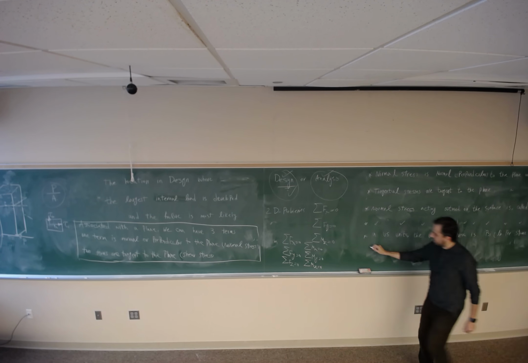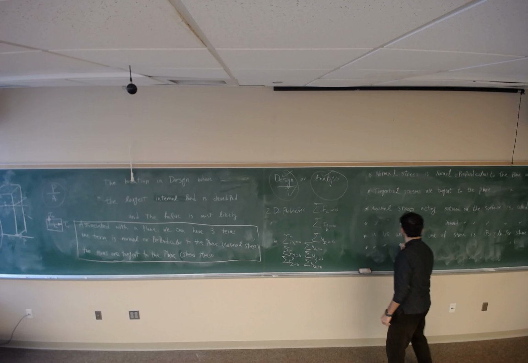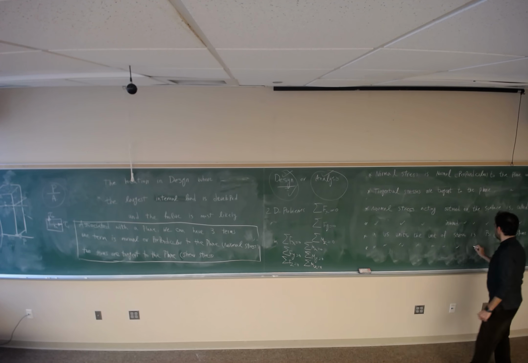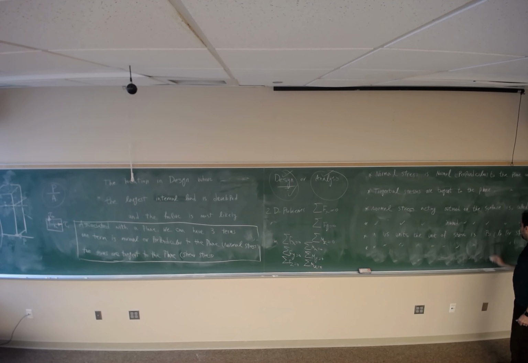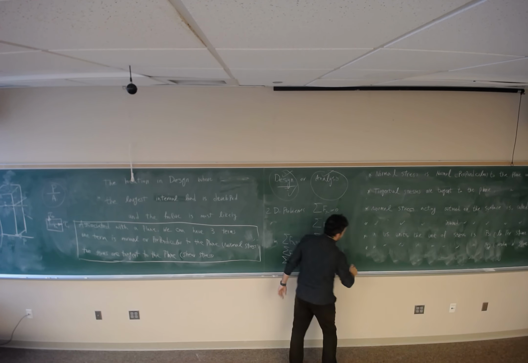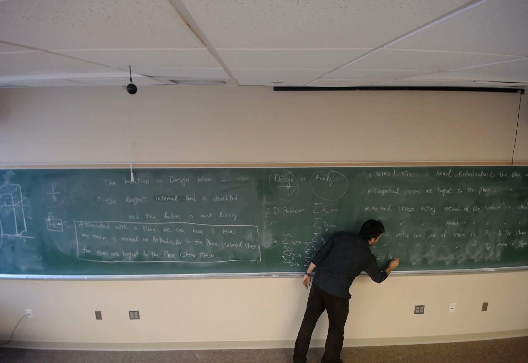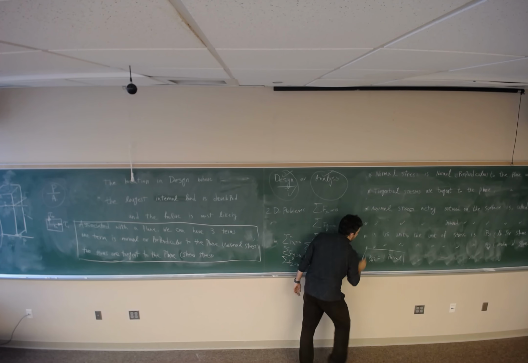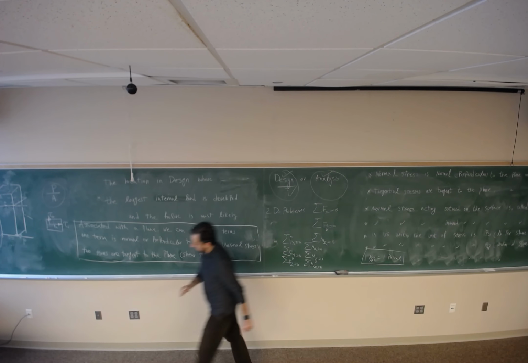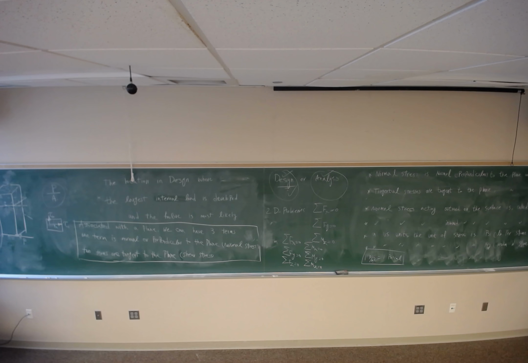And in SI, the unit of stress is Newton per square meter. And 1 Newton per square meter is going to be 1 Pascal. Pascal is another term for the stress.